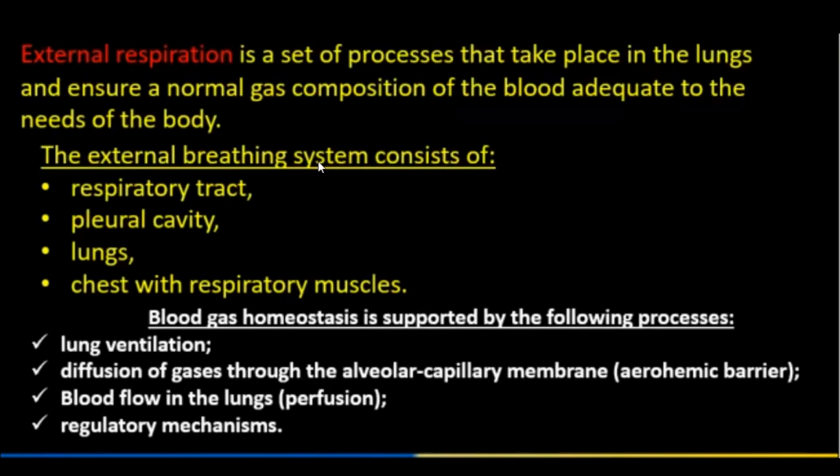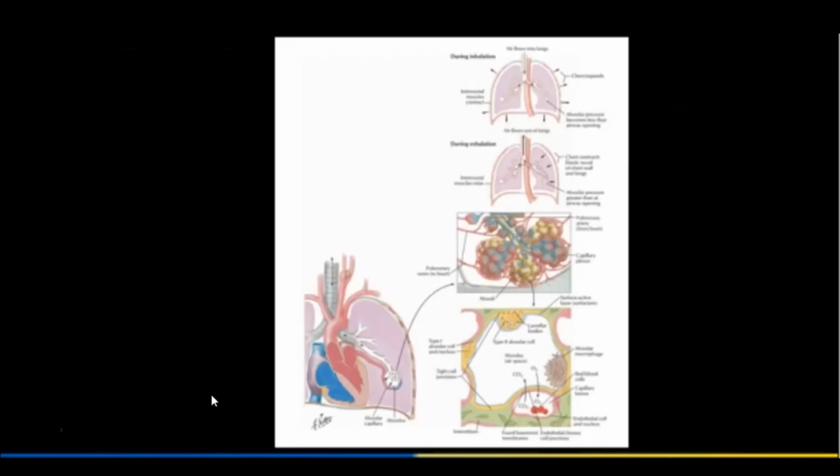The external breathing system consists of the respiratory tract, pleural cavity, lungs, and chest with respiratory muscles. Blood gas homeostasis is supported by lung ventilation and diffusion of gases through the alveolar capillary membrane, the aerohemic barrier, blood flow in the lungs, which is perfusion, and regulatory mechanisms.